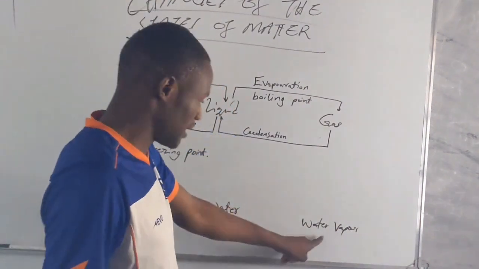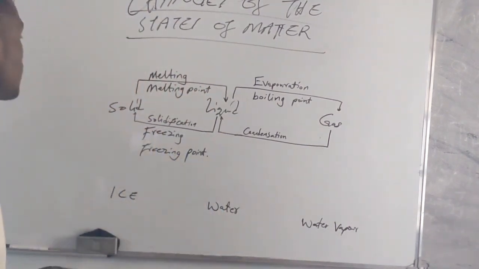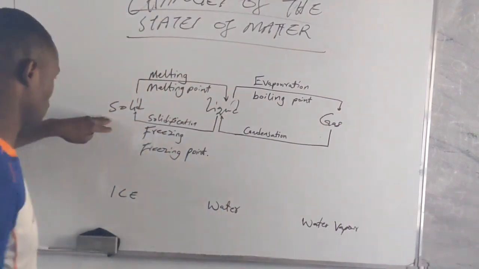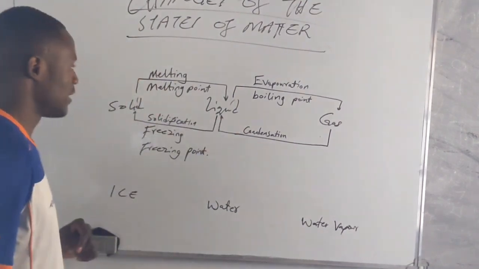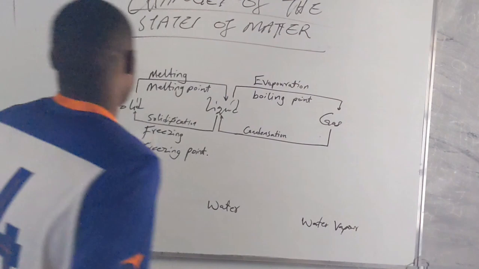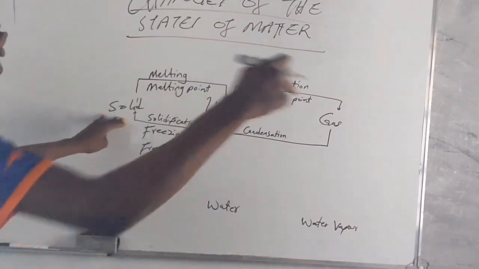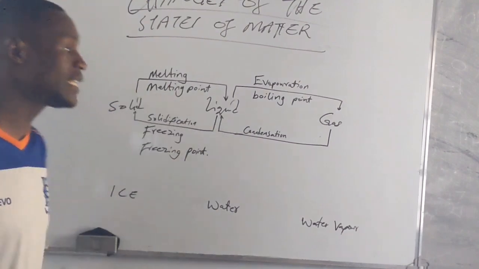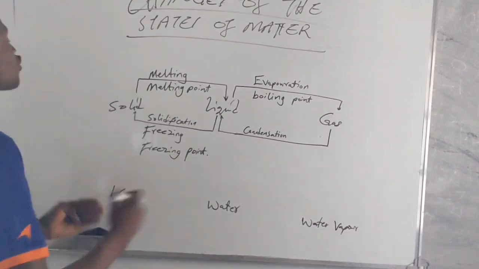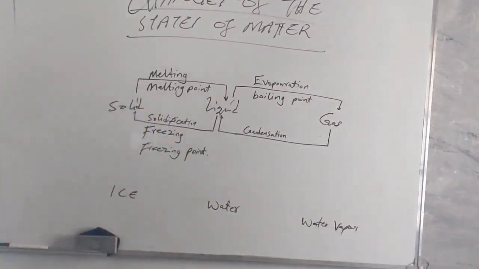So what is happening here is, for a solid to change from its solid state to liquid state, it means that the forces in the solid particles have been reduced. For these forces to reduce, the temperature has to be increased, which weakens the forces between the particles.